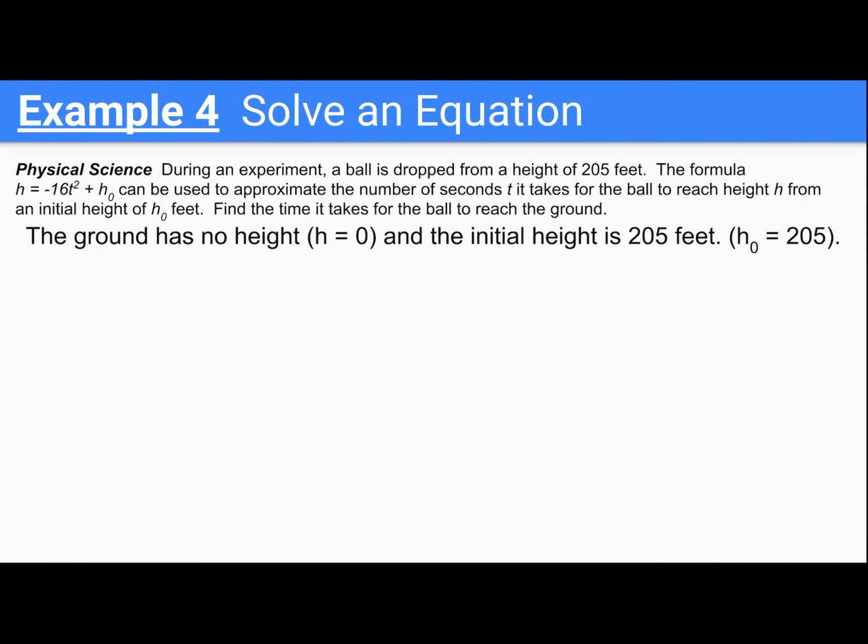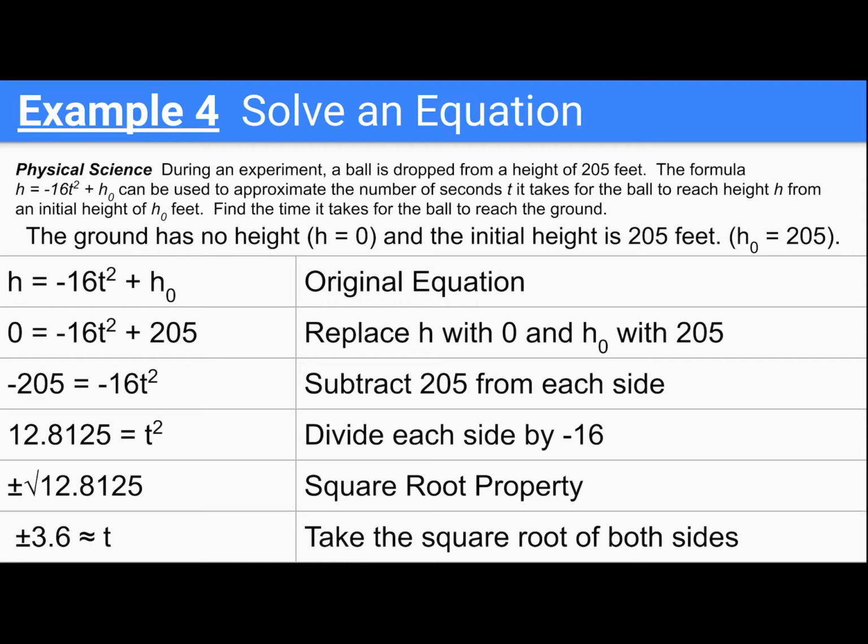So we want to solve this. We know that the ground has no height, so h should equal 0, and the initial height is 205 feet. So our original equation should be h is equal to negative 16t squared plus h naught.